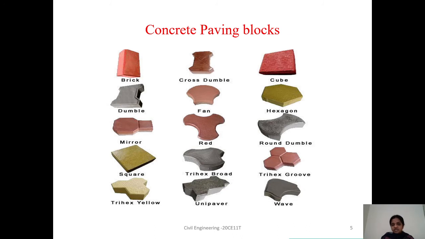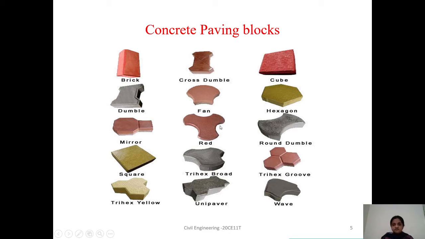Here we can see some of the shapes in which concrete paving blocks are manufactured and with different colors. So this is brick shaped, dumbbell shaped, mirror shaped, square shaped, trihex, cross dumbbell, fan, trihex broad, unipaver, cube, hexagon, round dumbbell, trihex groove, wave.